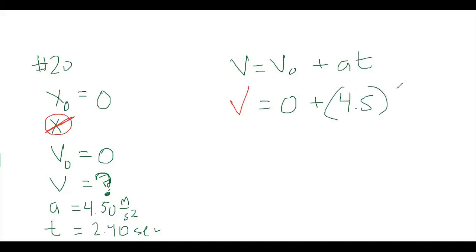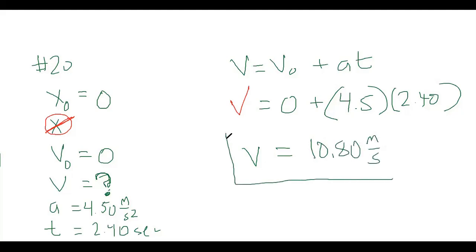I'm not going to write the units in just because of space. Times 2.0. V equals 10.80 meters per second. That's our final velocity.